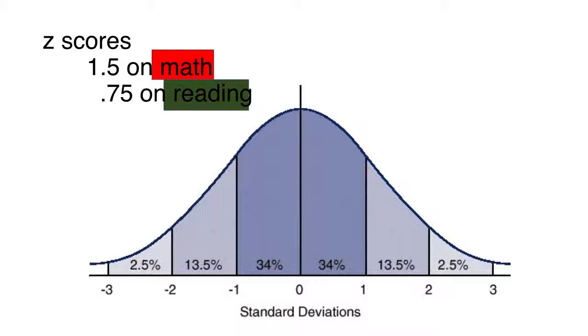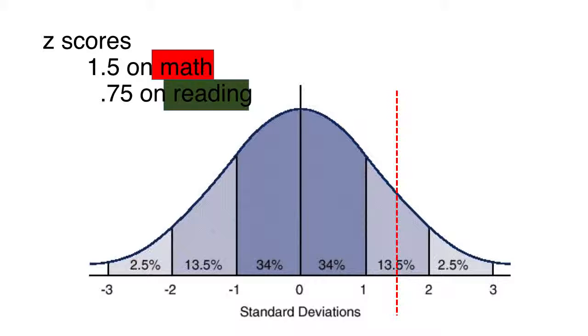I had to line all the kids' scores up. So for math, this score of 1.5 is 1.5 standard deviations from the mean. So that's pretty good. That's off into the right tail. We're getting up there. This kid did really pretty well.